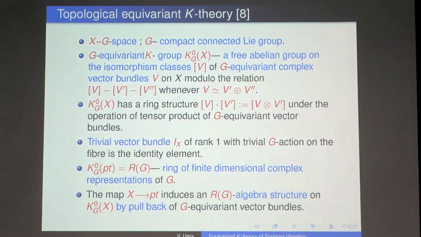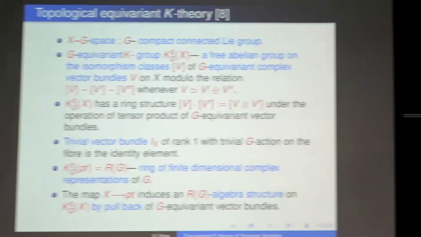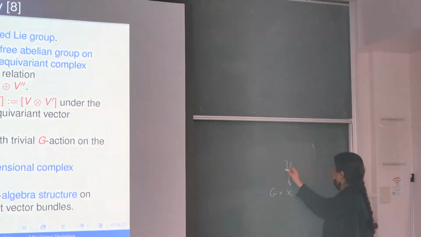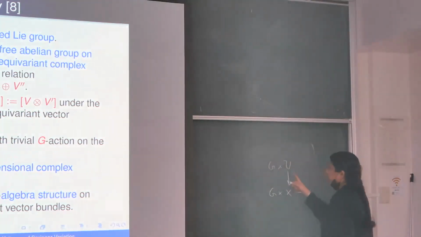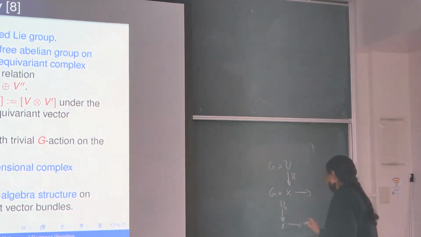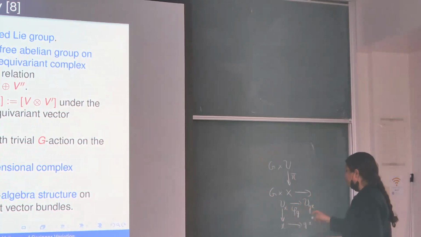So by equivariant vector bundles, we mean that on X there is a G action. If V is an equivariant vector bundle, we define an action on V. There is a projection, and it should preserve the G action on the base. So over X, we take the fiber, and then as x goes to Gx, G dot x, we need to say that there is a linear isomorphism phi_G from the fiber over x to the fiber over Gx.